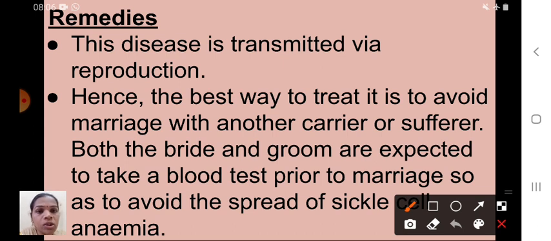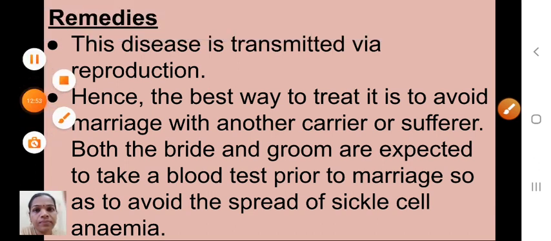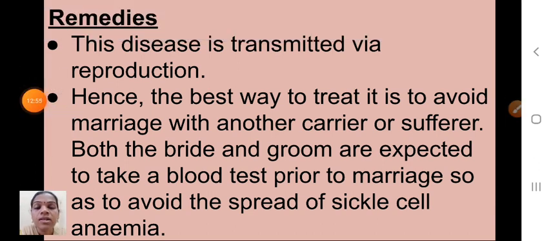So why should we take that blood test? Because this disease is transmitted through reproduction. To avoid the spread of sickle cell anemia, before marriage everyone should take a blood test.